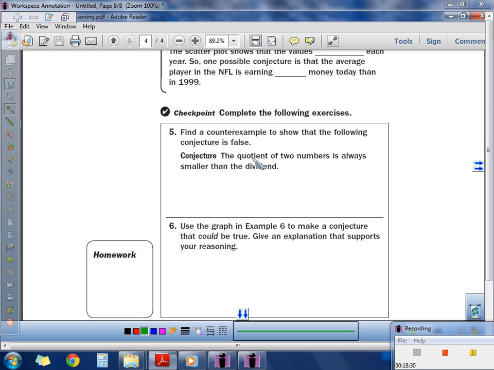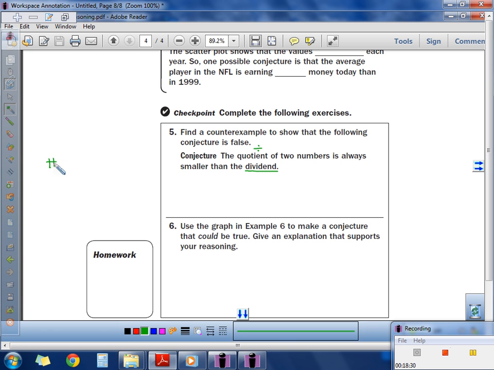Quotient. What is a quotient? It means when you're dividing and you get an answer. It's the answer of a division problem. The answer of a division problem of two numbers is always smaller than the dividend. Well, you've got to know what dividend means. Here's what I'd like you to know.